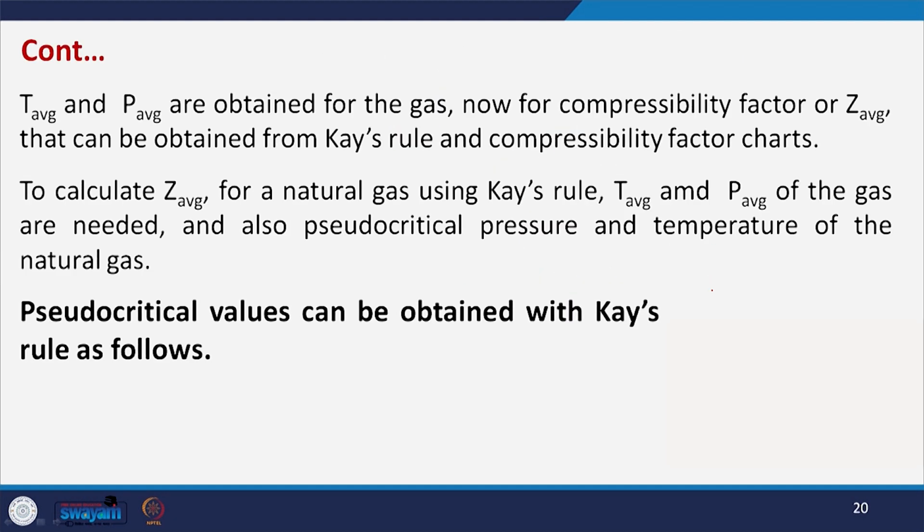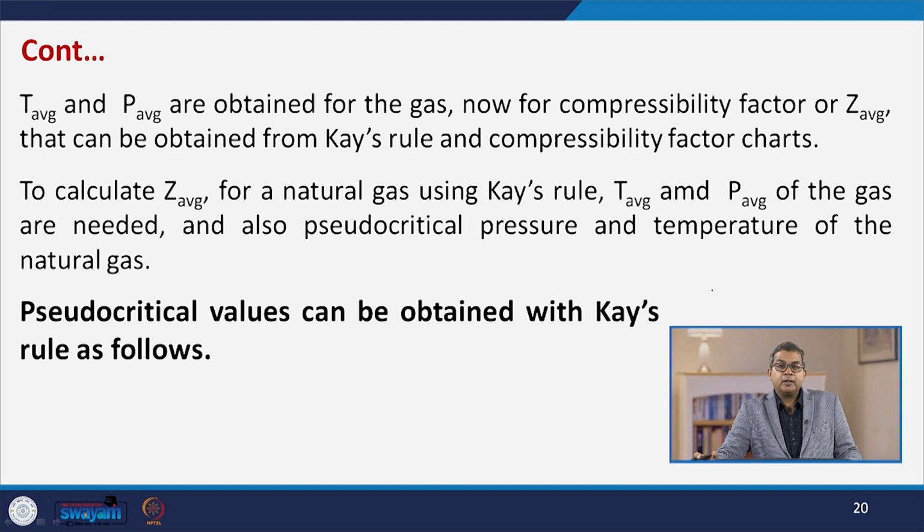Now, T average and P average are obtained for the gas, and the compressibility factor Z average can be determined from Kay's rule and the compressibility factor chart. To calculate the Z average for natural gas using Kay's rule, T average and P average of the gas are needed, and also the pseudo critical pressure and temperature of the natural gas.